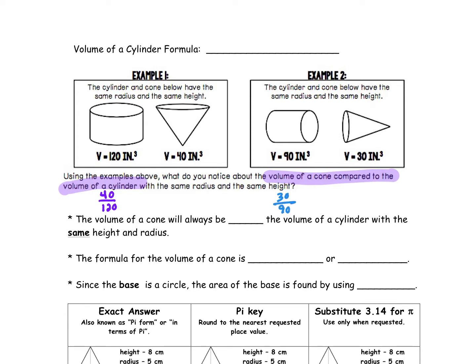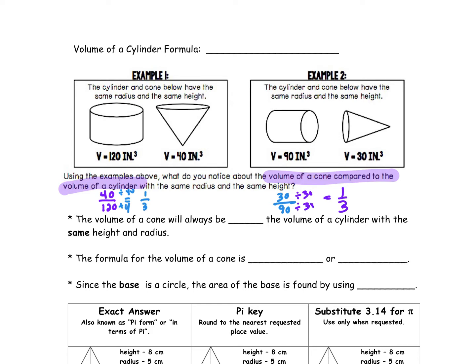And if I look at that comparison and reduce it, I see that 40, if I divide both by 40, I have 1/3. And on this example, if I divide both by 30, I also get 1/3.